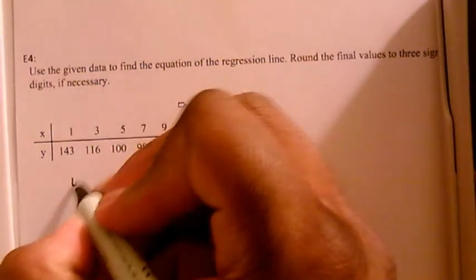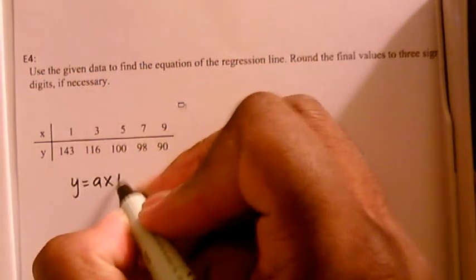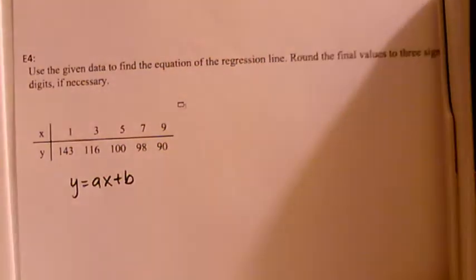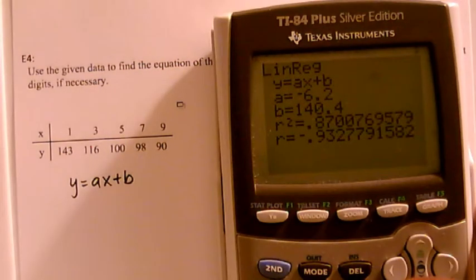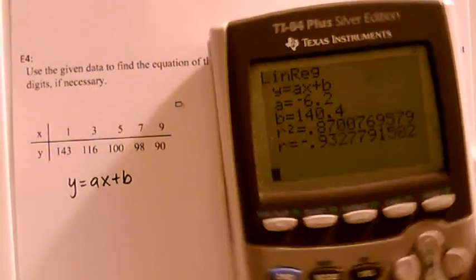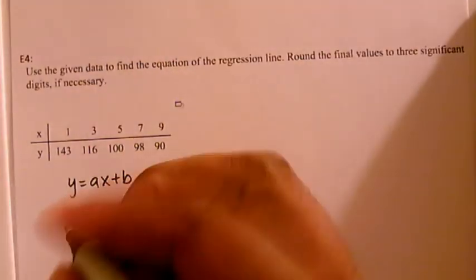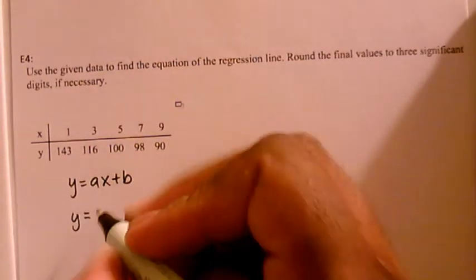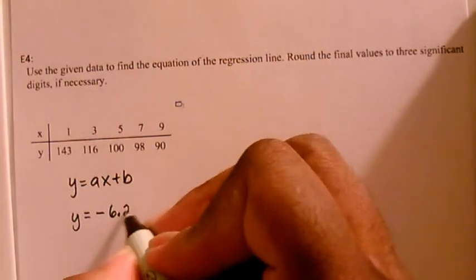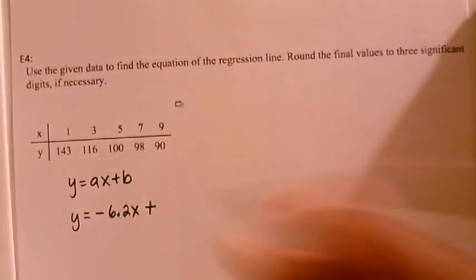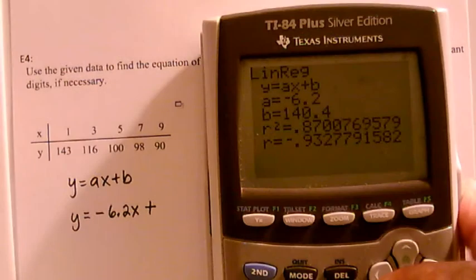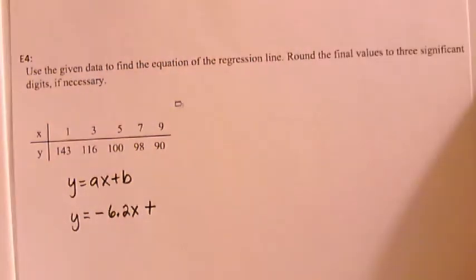So let me move this over. And from that output, your a was negative 6.2. That's your slope. That's the number in front of x. So the y is equal to negative 6.2x plus your b, in this case, is 140.4.